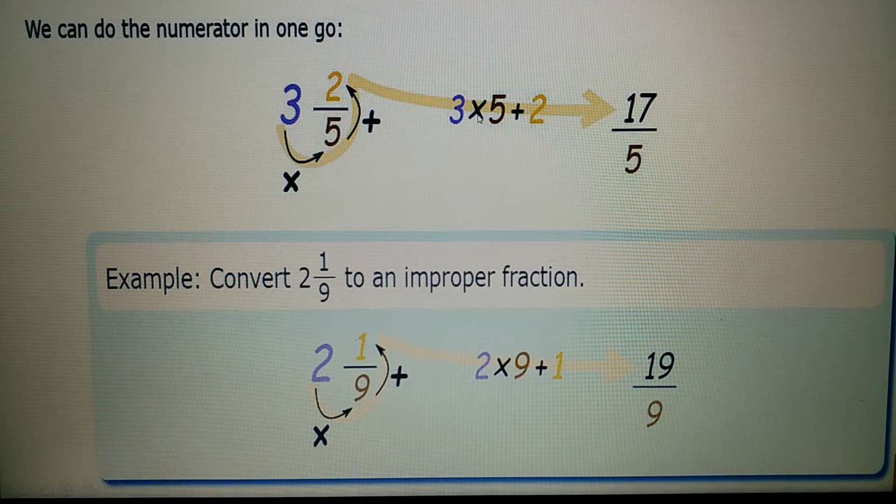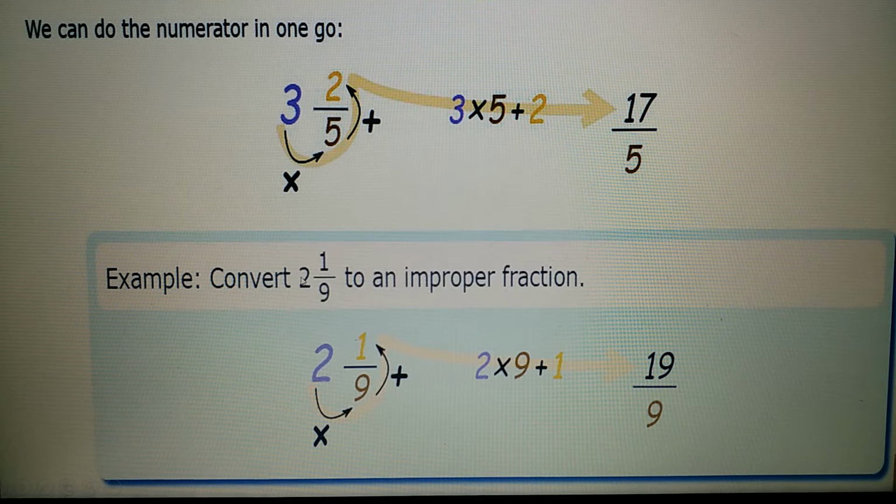So 3 times 5 is equal to 15, plus 2 equals 17. And the denominator, you just copy the denominator of the mixed number. So just copy 5. Okay?